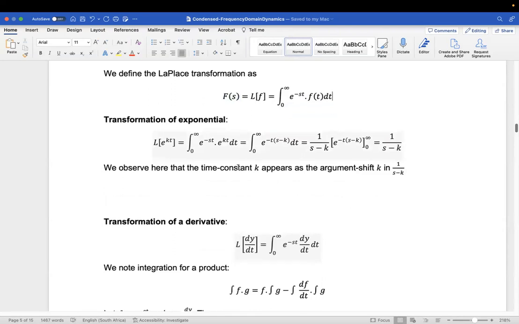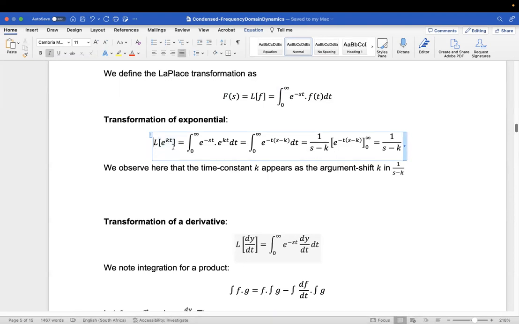And so looking at some examples, and of course, these examples are carefully picked because these are things we'll actually use later. But if we want to transform the exponential function, so let's say our time function f here was e to the kt, because that's what we've been discussing now. We were interested in the stability and we were concerned about the k part having real parts that are positive.